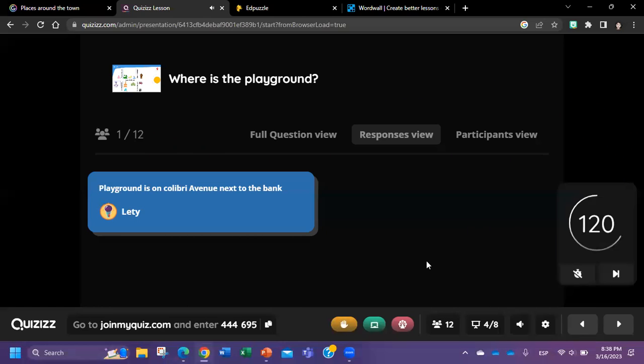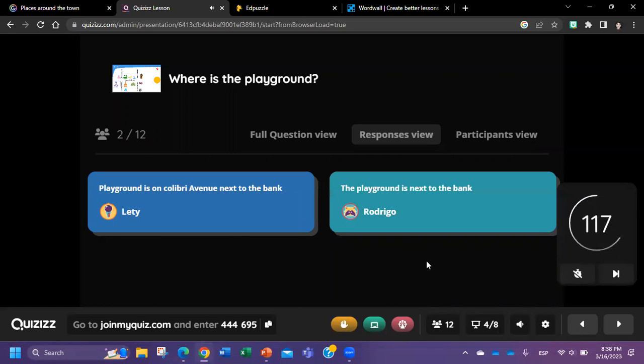Okay, on Colibri Avenue, next to the bank. Thank you, Letty. Next to the bank. Perfect. Thank you, Rodrigo. Remember, where is it? It's just the place where it is, not the direction. Just where is it?